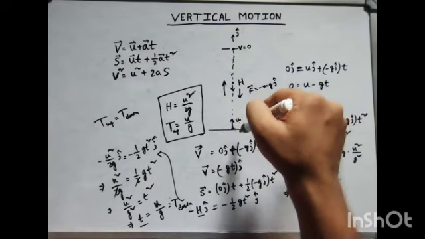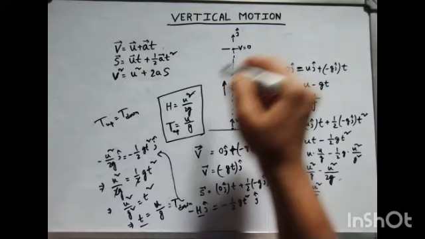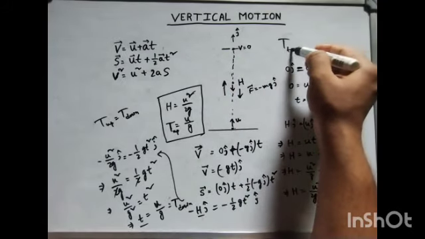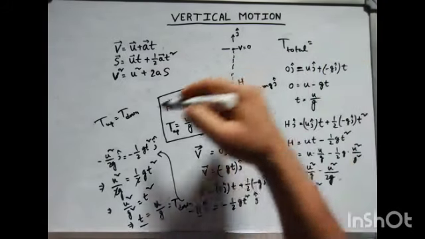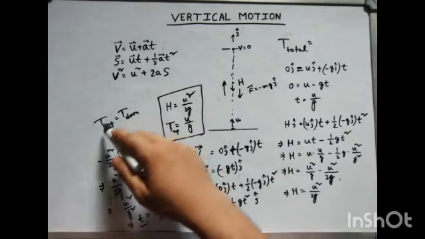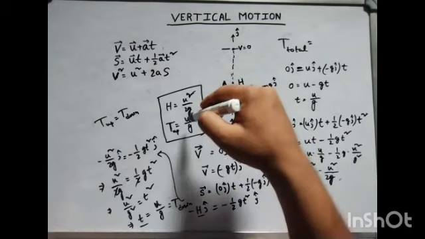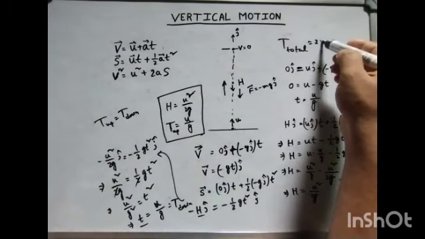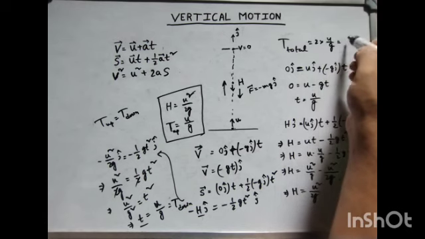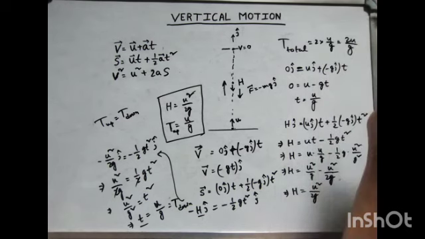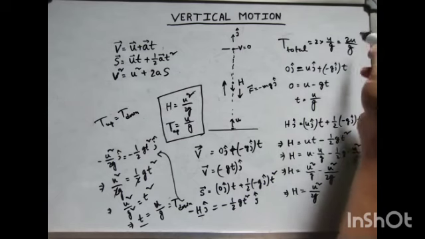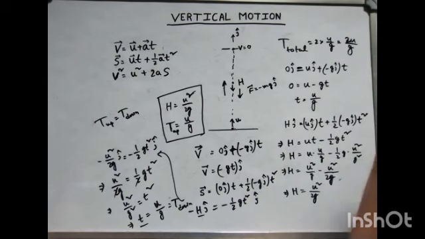These two timings are same, so the total time t total will be t up plus t down. That means as these two are same, it will be 2 into u by g, so 2u by g. So total time it is taking is 2u by g.